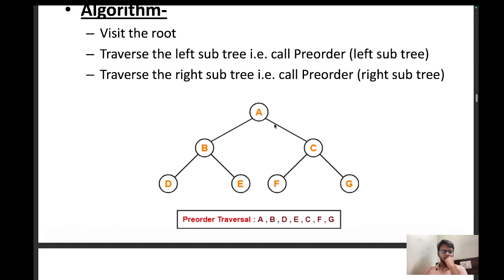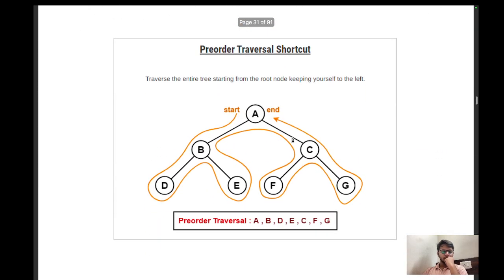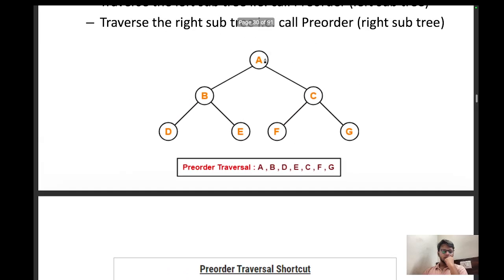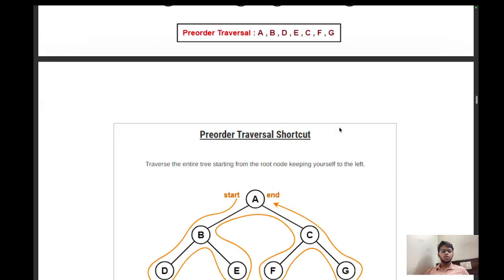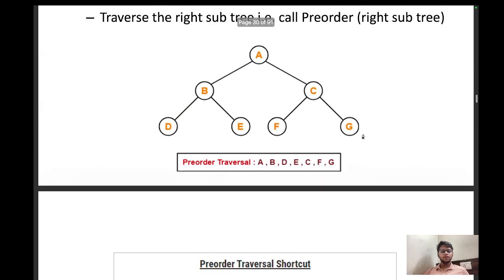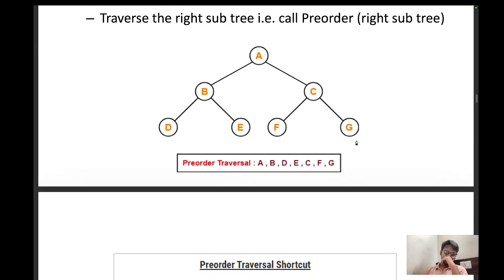For this pre-order, we have to see that the root node comes at the first place, then the left and the right. So this is the sample question given here. Let us try and solve the pre-order traversal.